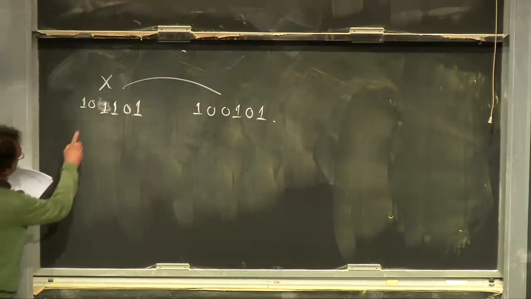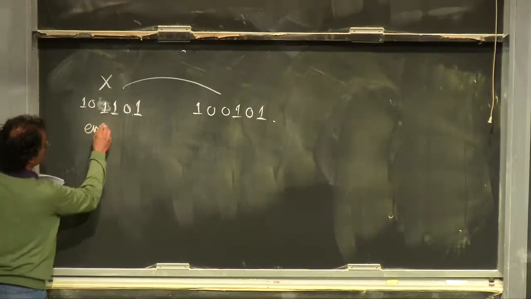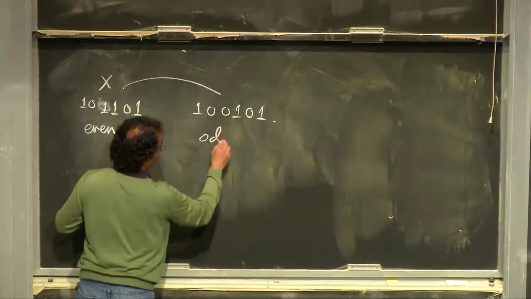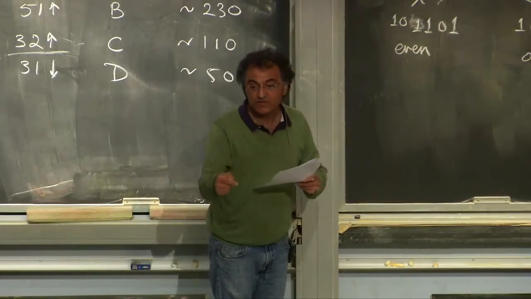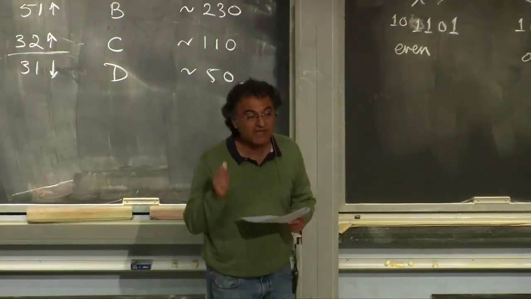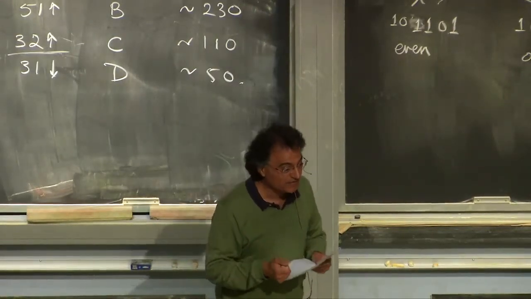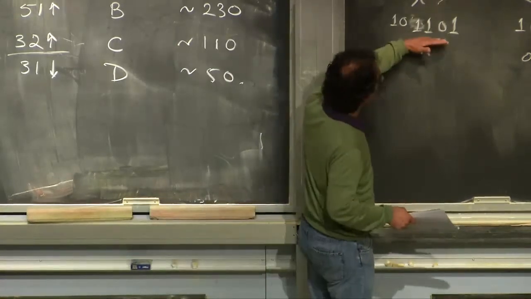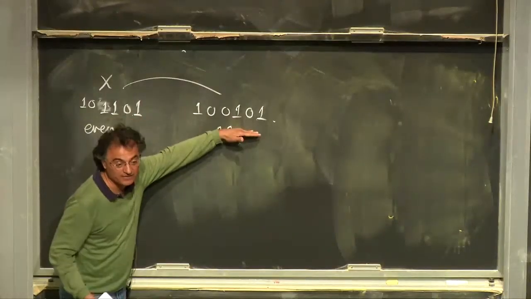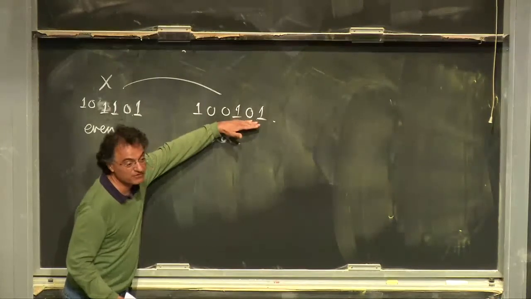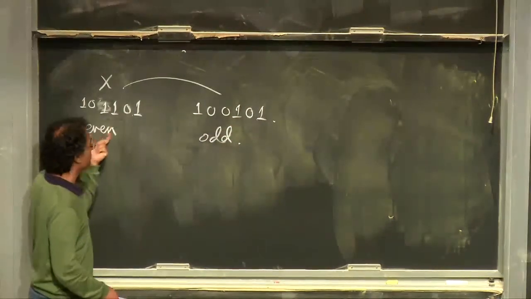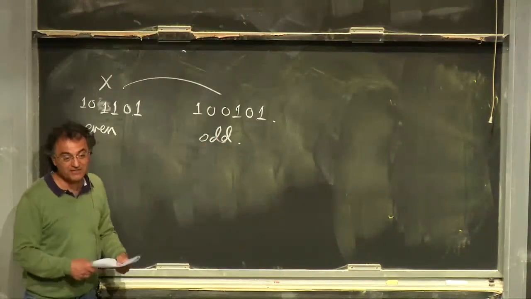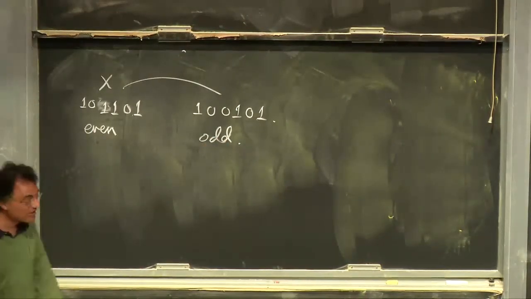This has an even number of ones, and this has an odd number of ones. The claim is every time you move, you go from odd to even or even to odd, because you're flipping exactly one bit. If you had four ones before, now you have either 3 or 5. If you have 3, now you have got to go to 2 or 4. But regardless of which one, you're going from even to odd to even. Each time you're doing that, you want to come back to even.